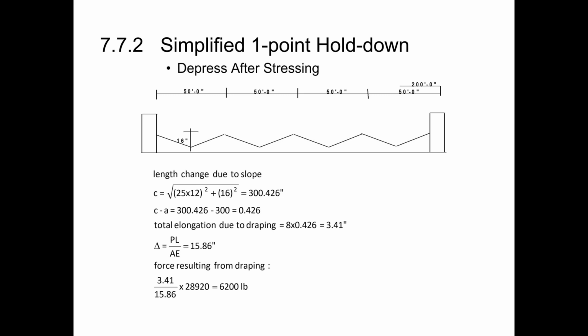And so we get that when we go from the straight to the draped position, we're going to add 6,200 pounds in this setup. So if our target force is 28,920 pounds, and we know we're going to gain 6,200 pounds going from straight to draped, then that means that we need to tension the strands in the straight position to 22,720 pounds.